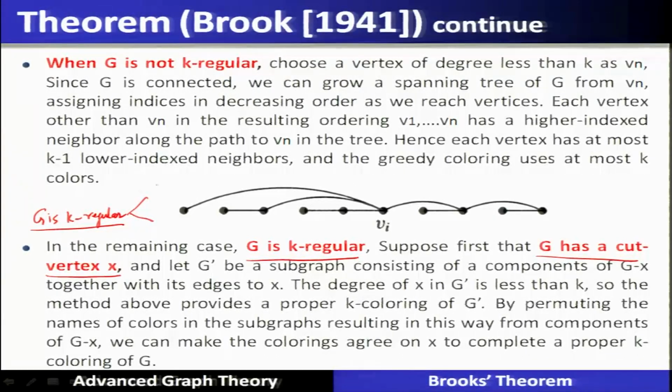One is that G has a cut vertex, and the other is that G is 2-connected. So, let us take the first case, when G is k-regular and also has the cut vertex.